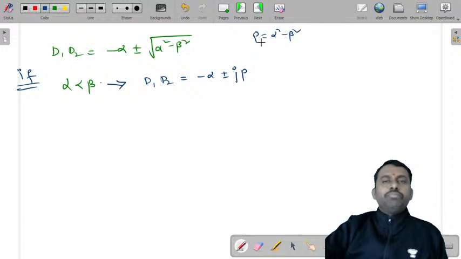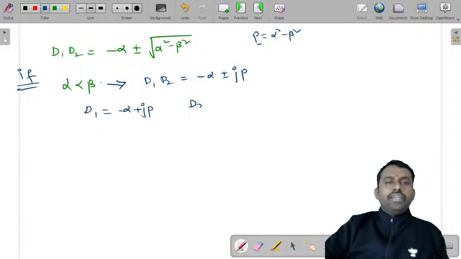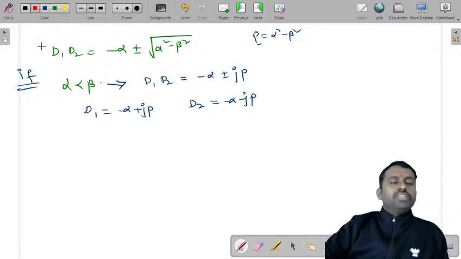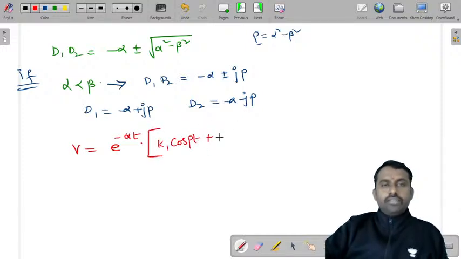If alpha is less than beta, the quantity under the root will be a negative value. Root of a negative value will give you j. So D1 is equal to minus alpha plus jP and D2 is equal to minus alpha minus jP. So what is the solution for this equation? V is equal to e power minus alpha t into K1 cos Pt plus K2 sin Pt.